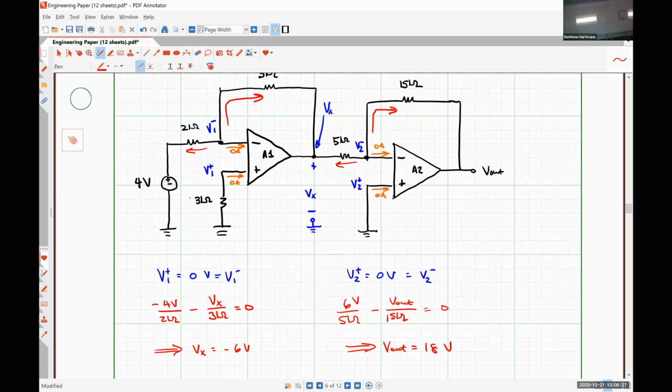And so what I mean by that is we treated this second stage as if we had sliced this guy off and applied -6 volts at this terminal. Everything that happened to the left of that line, other than the fact that the output voltage was -6 volts, in no way, shape, or form influenced the behavior of the second stage. Similarly, everything to the right of the line didn't influence how the first stage was working.